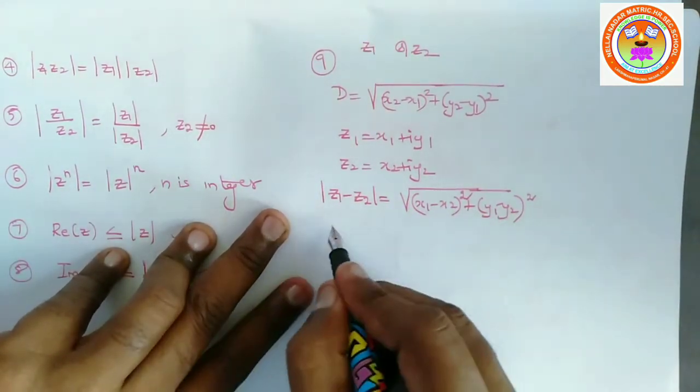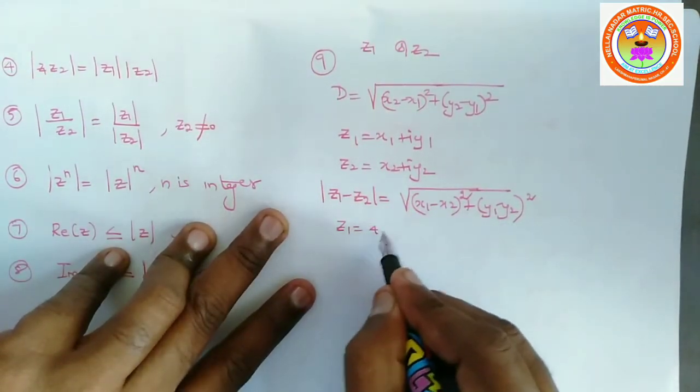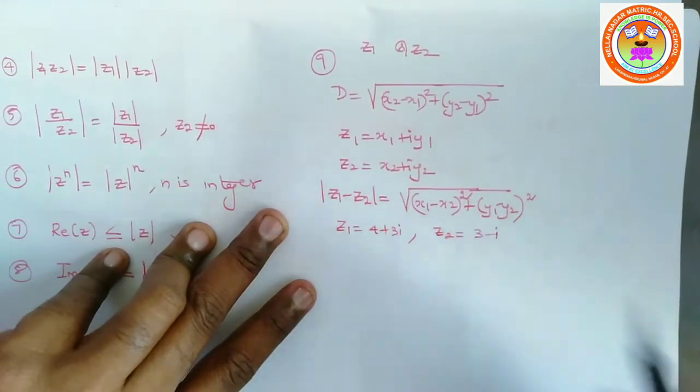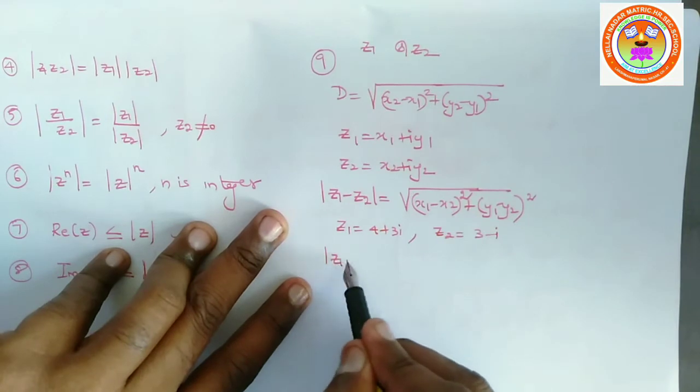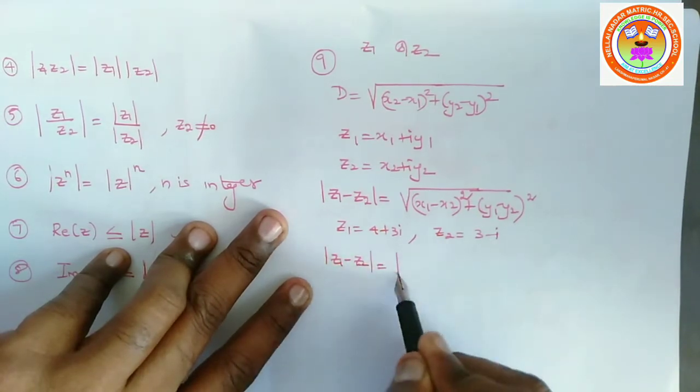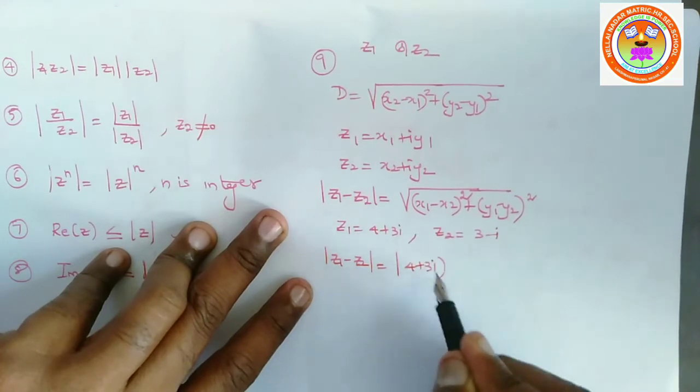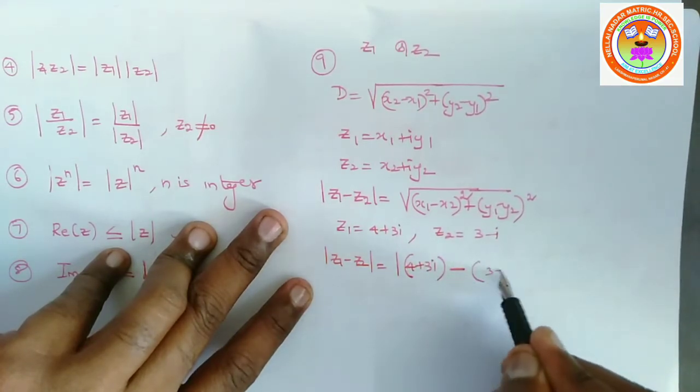For example, if Z1 is equal to 4 plus 3i and Z2 is equal to 3 minus i, then the distance, modulus of Z1 minus Z2, is equal to modulus of 4 plus 3i minus 3 minus i.